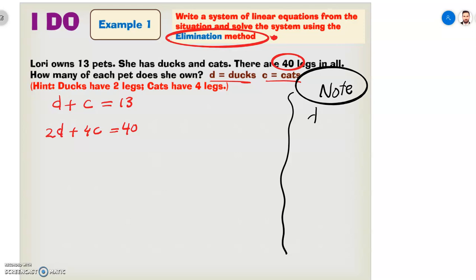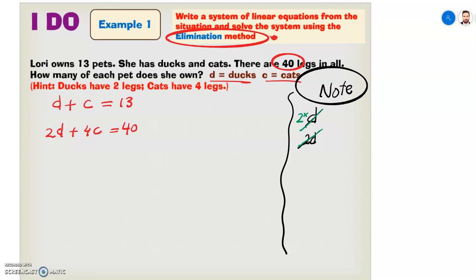So if you have D and you have 2D, you cannot eliminate. Eliminate means removing, so you cannot delete. Before that, I multiply the upper equation by 2. If I multiply the upper equation by 2, I can eliminate the two letters together.